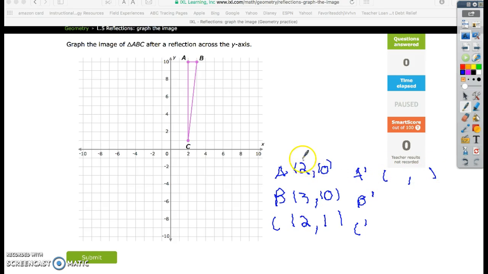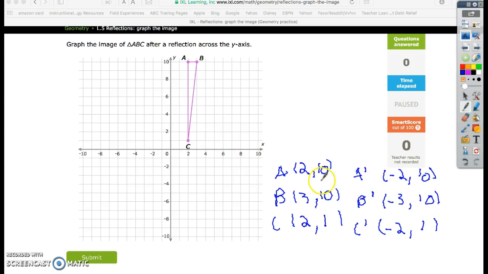I make the x opposite, so instead of 2, I'm going to have -2, and the y stays the same. Instead of 3, I'm going to have -3, and my y stays the same. Instead of 2, I'm going to have -2 and 1.